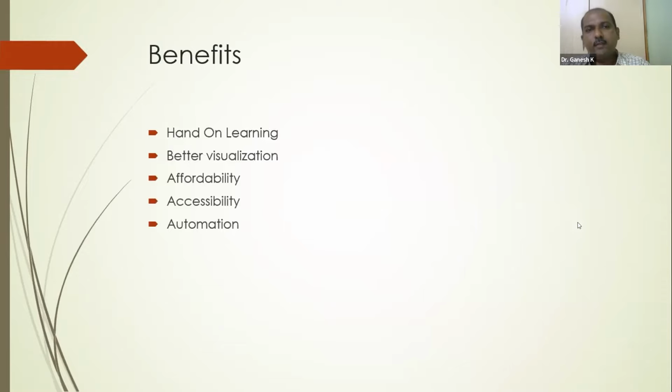Then what is the benefit? For example, hands-on learning, better visualization. For example, we cannot show the solar system to a student on the board, but we can use the Google Cardboard and make the visualizations very attractive, in real time.